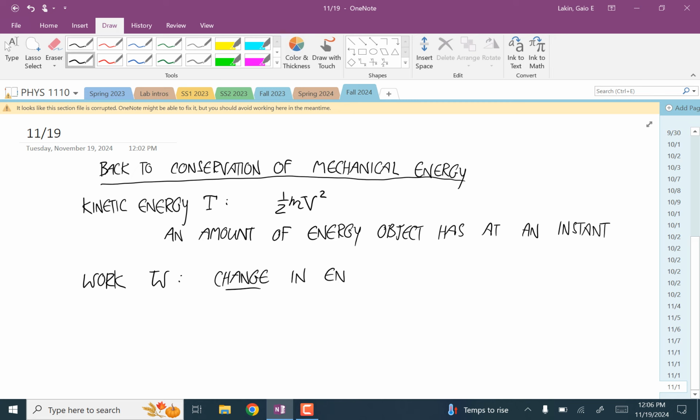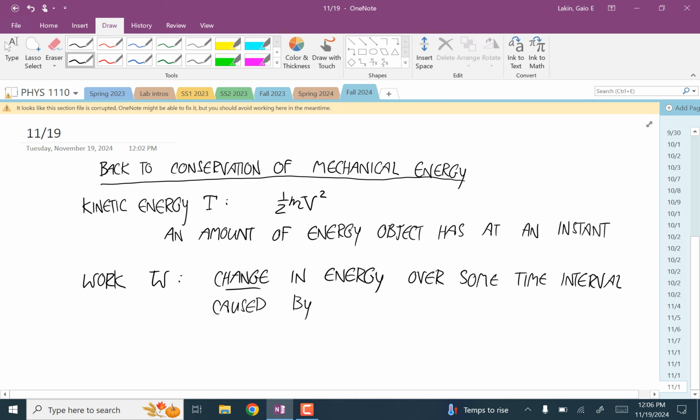So this is the change in energy over some time interval that's caused by an applied force. Okay, so an object has an amount of kinetic energy, and that kinetic energy can change over time based on work that's done by different forces.